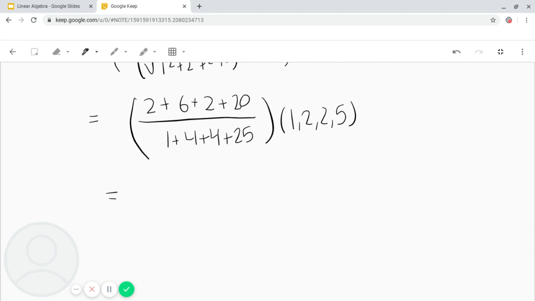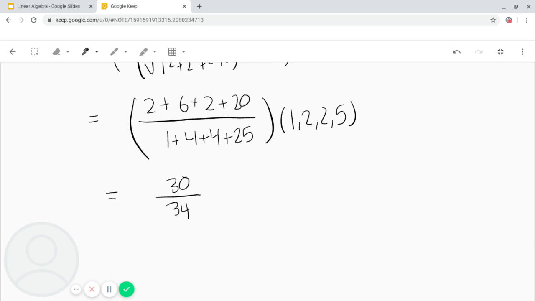So this is equal to 2 plus 6 plus 2 plus 20, which is 30, over 1 plus 4 plus 4 plus 25, which is 34.